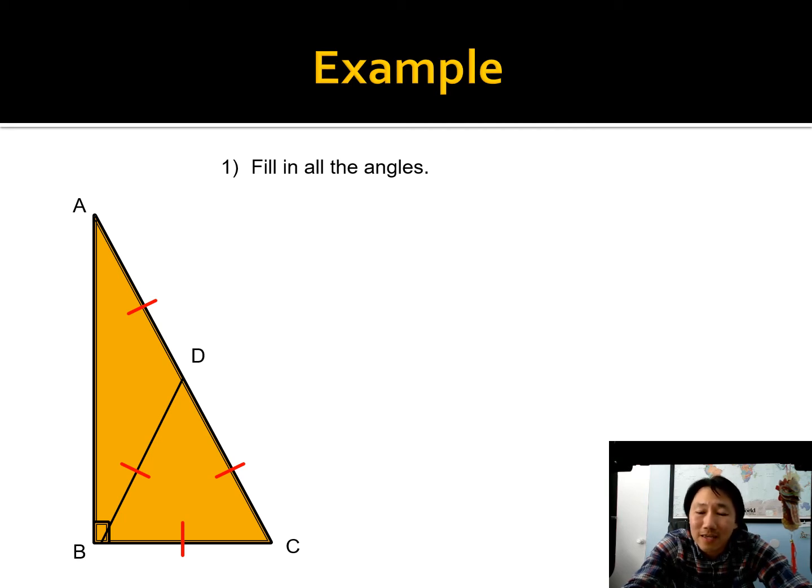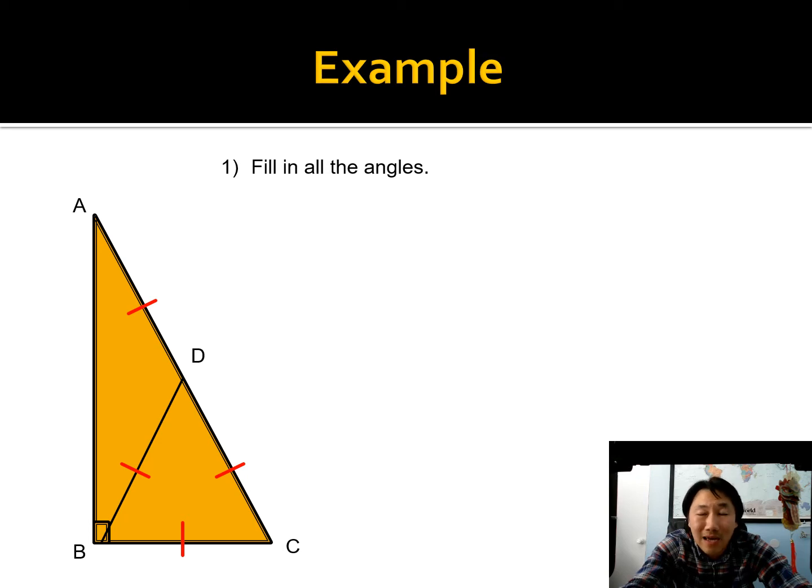The sides are only equal if the tick marks are equal. Okay? And so in this case, this triangle here, BDC, looks like all the sides are the same because they have tick marks all the way around that are the same. And so we have an equilateral triangle, and we're going to find the angles on each side.